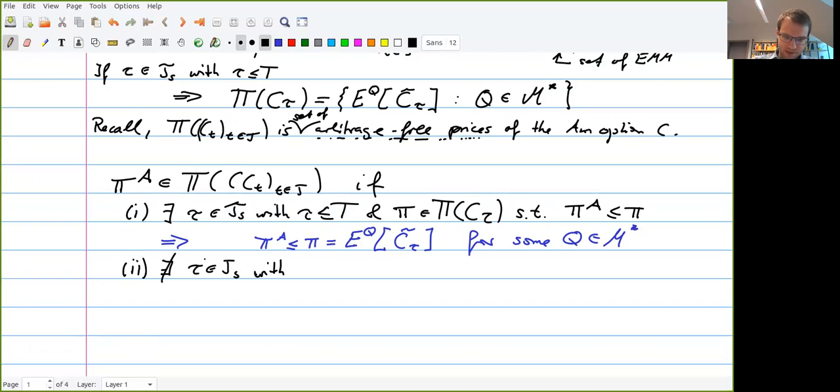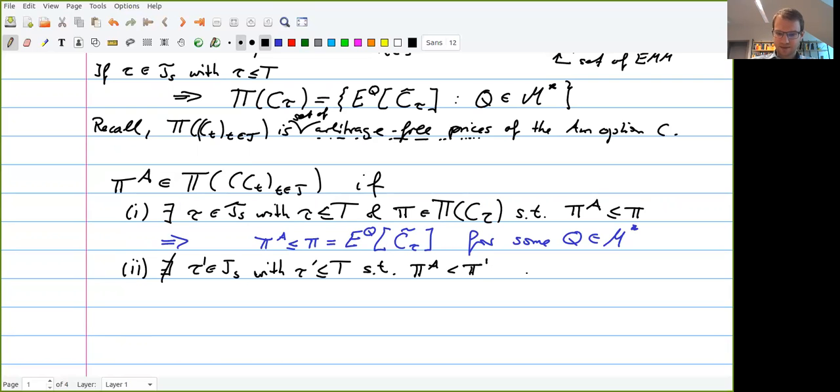So let me call it tau prime, because it should be distinguishable between these two taus, which is a stopping time, such that the price of the American option is not too cheap. So there's no way that the buyer of the option can really make some profit, so make some arbitrage of this price.